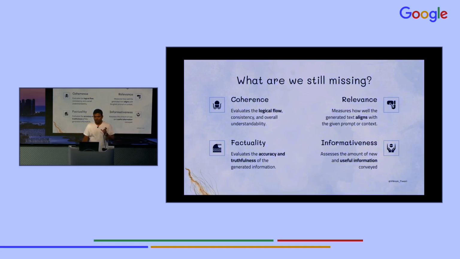Even perplexity, which talks about the next token, comes very close, but it's only for factual information. It has nothing to do with creativity. Relevance is missing, so measuring how well my text aligns with the given prompt. When you ask a model to do something and you mention a very specific word, and the model doesn't end up using that word.